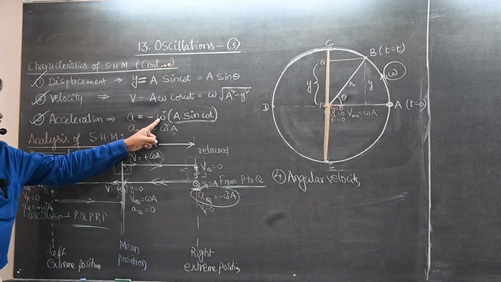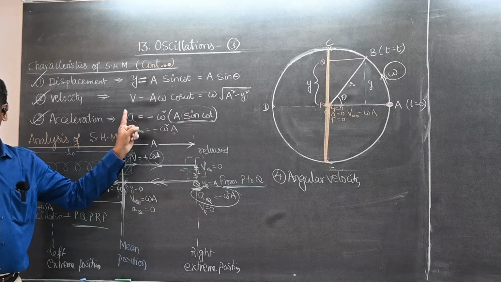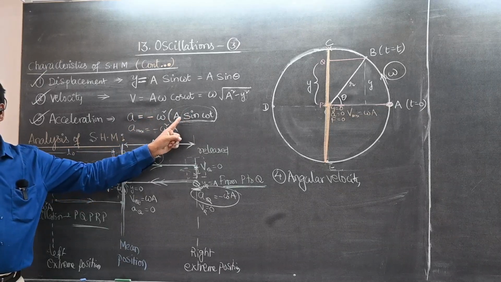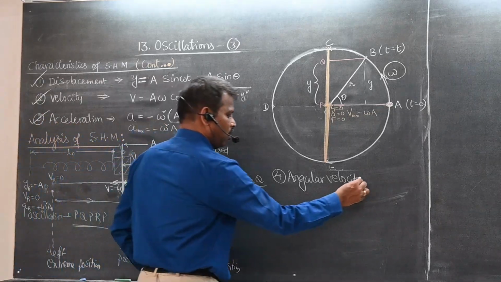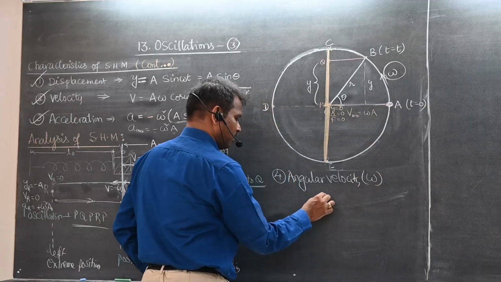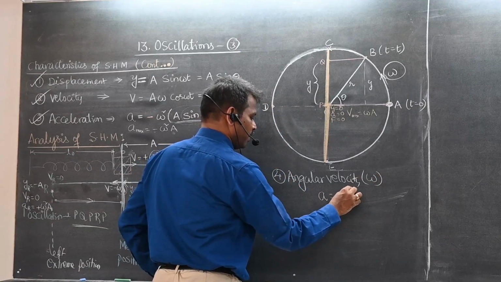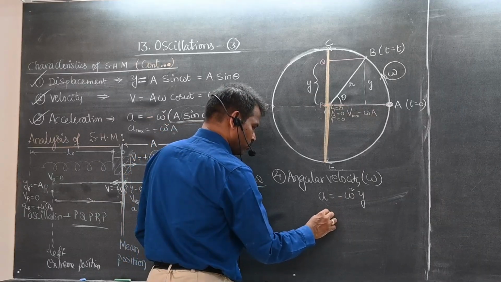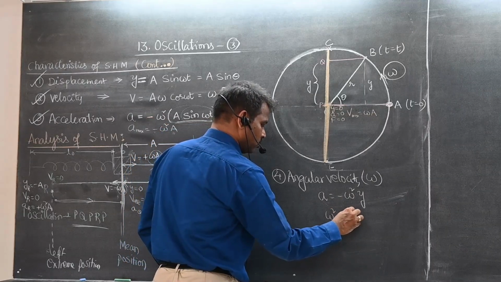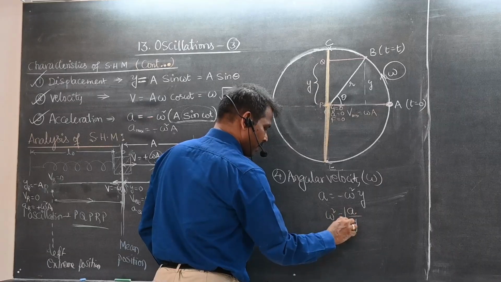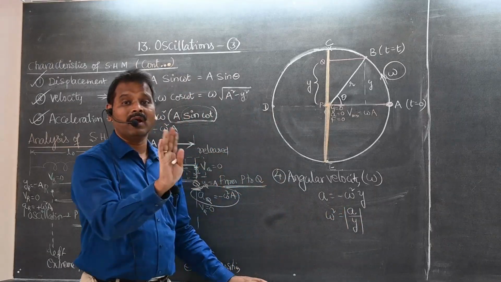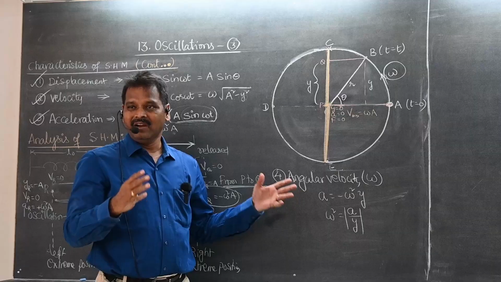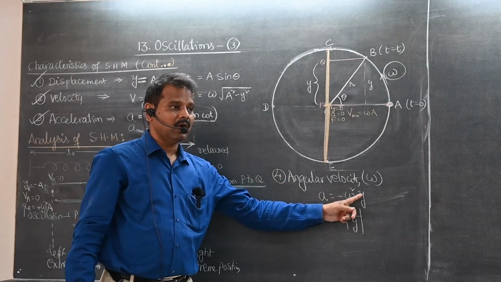A is equal to minus omega square y. So to find the angular velocity, I am using acceleration, a equals minus omega square y. From this, omega square is equal to a by y. I am taking only the magnitude; I don't want the negative sign, which only indicates that the two are opposite to each other.